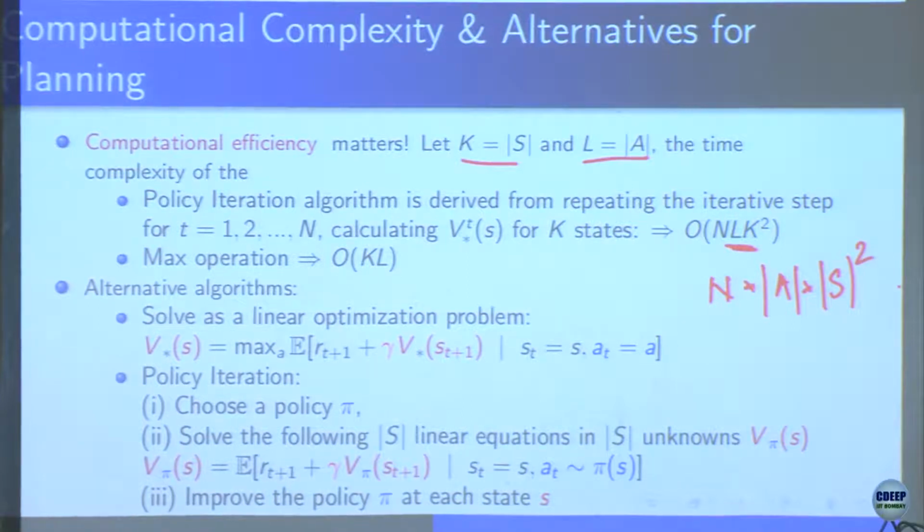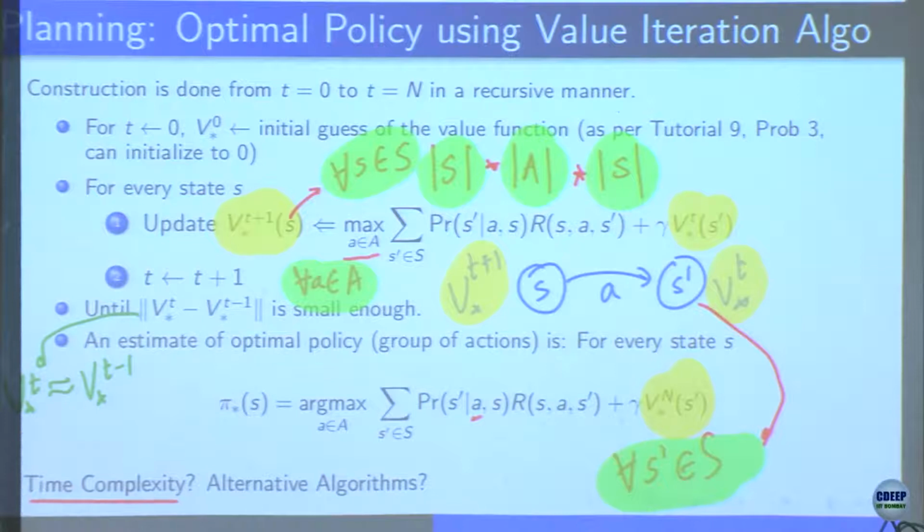The max operation on the other hand just requires you to scan this whole thing once. For the max you will have to find, for a given state, say I start from the start state in a maze. I look at all the possible actions and all possible states.